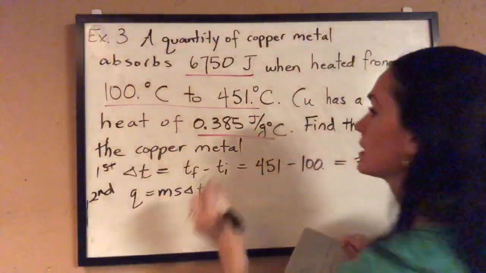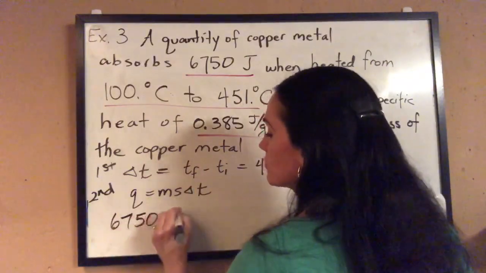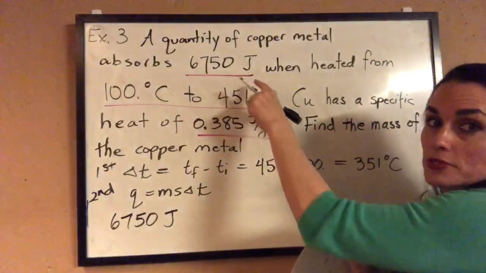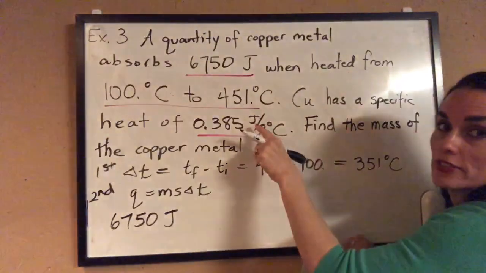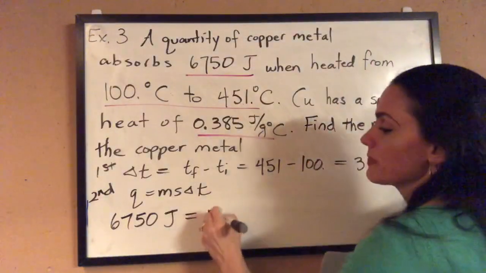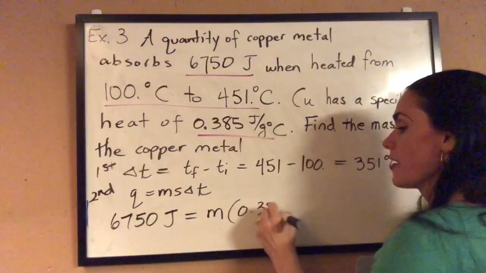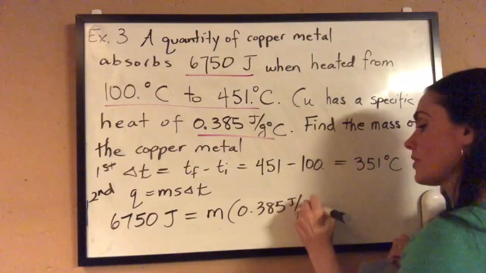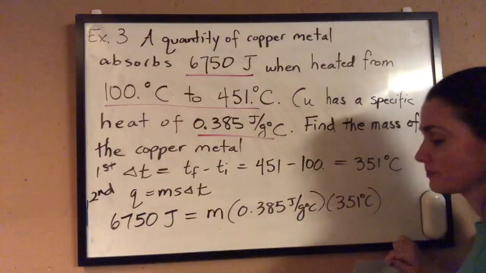So we have heat, 6,750 joules. If it were in kilojoules, you would have to convert it to joules because the specific heat is given in joules over grams times degrees Celsius. We don't know the mass, that's what we want to find out. Specific heat we're given, and change in temperature we're given.